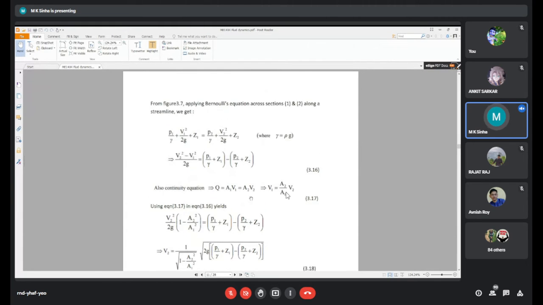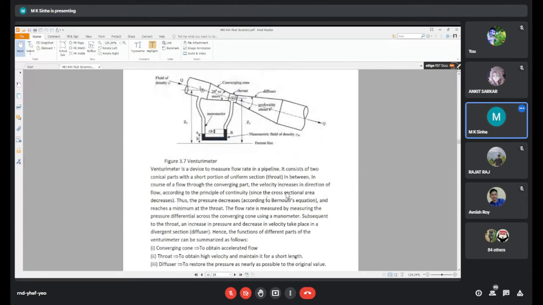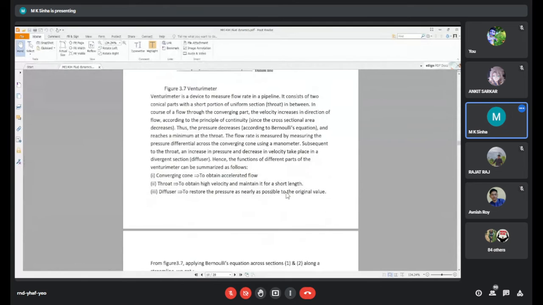Right side limb at B. So del H is the manometric fluid height greater than A, whose density is rho m.